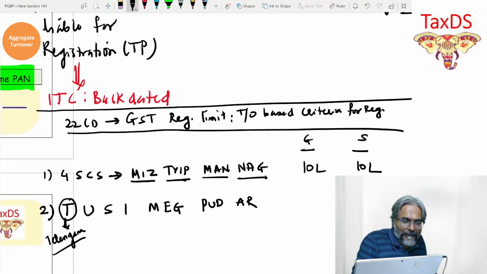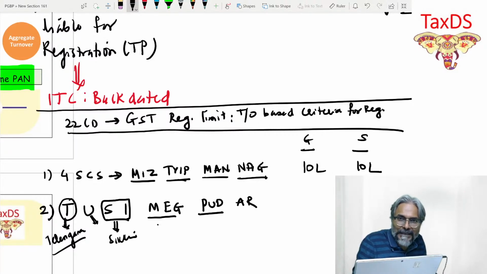Okay, this is Uttarakhand. This C, students, this is one. To C, that's Sikkim. U is Uttarakhand. Meg is your Meghalaya. Ud is your Puducherry.